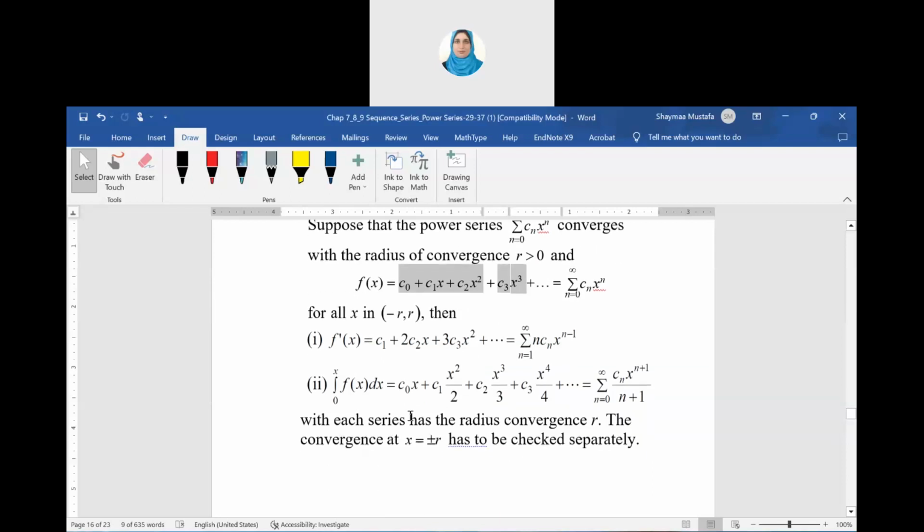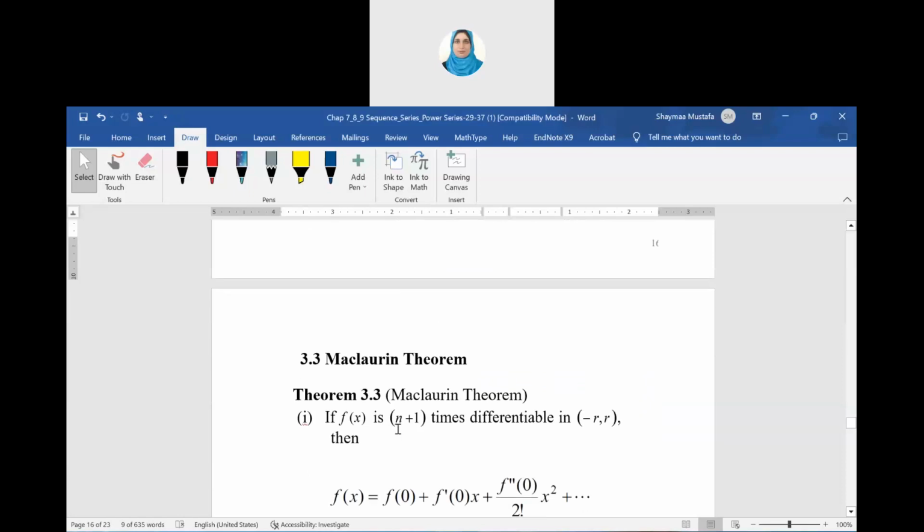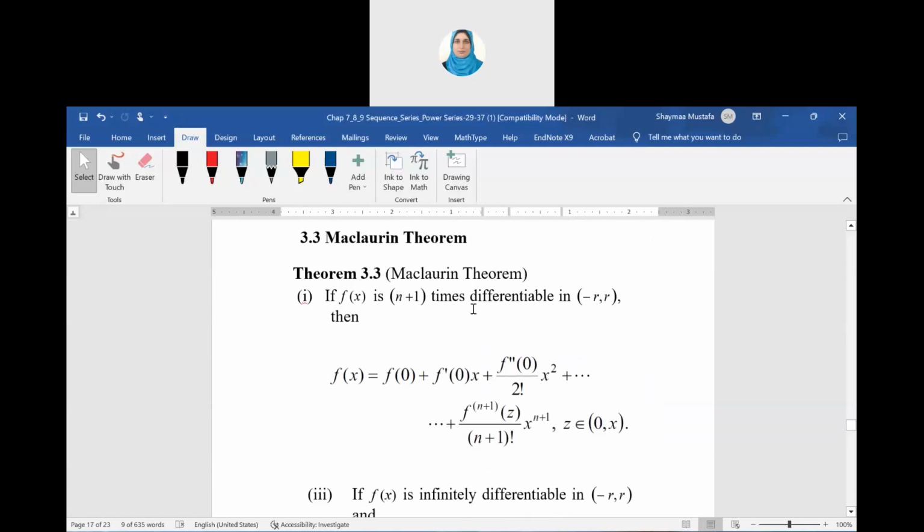Well, now we need to know how to write any function. If I give you any function, how can you write it as a polynomial or a power series? We need to apply the Maclaurin theorem.